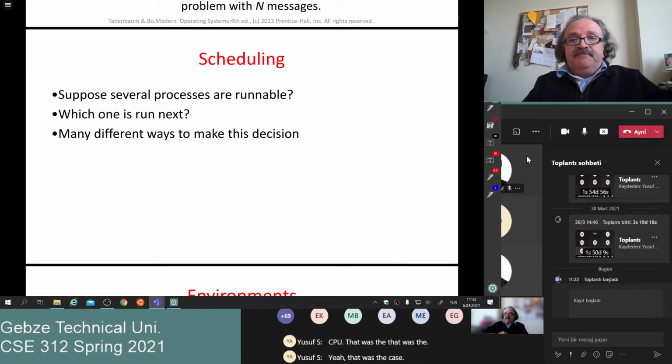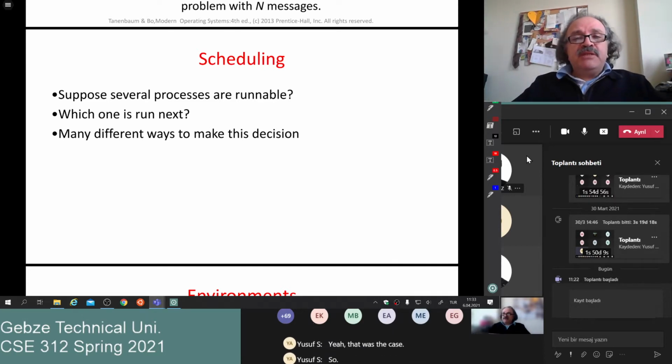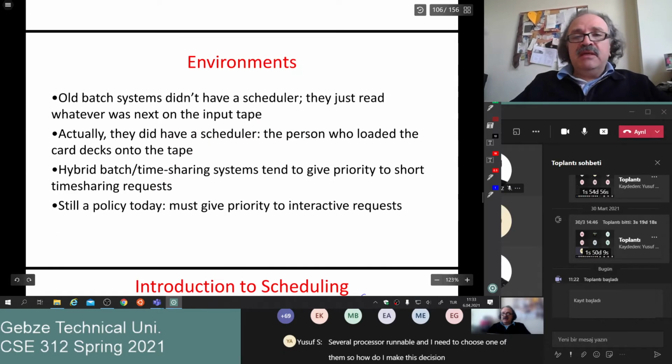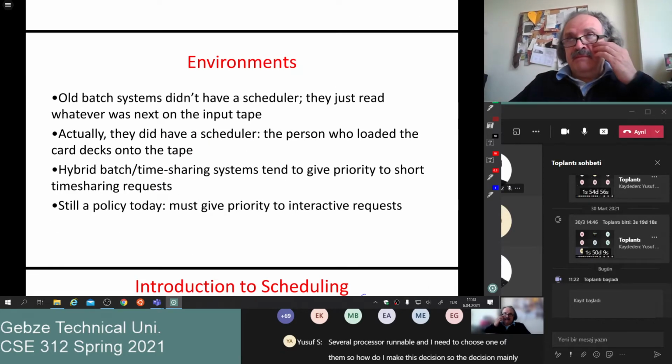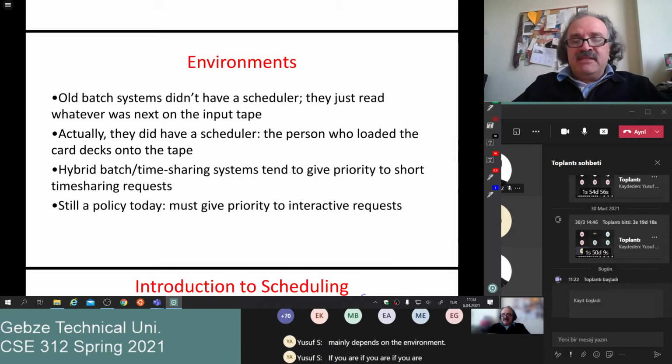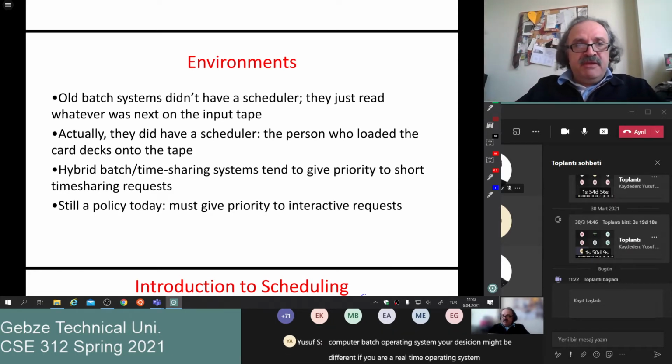So several processes are runnable, and I need to choose one of them. How do I make this decision? The decision mainly depends on the environment. If you are running a batch operating system, your decision might be different. If you are a real-time operating system, your decision might be different.